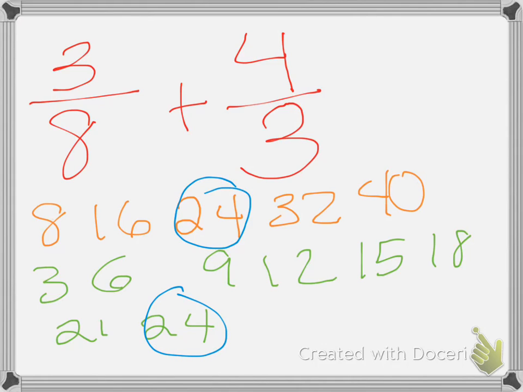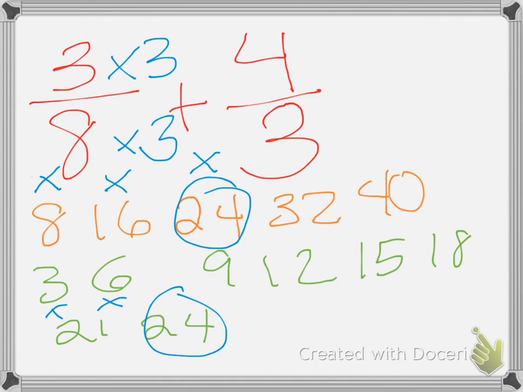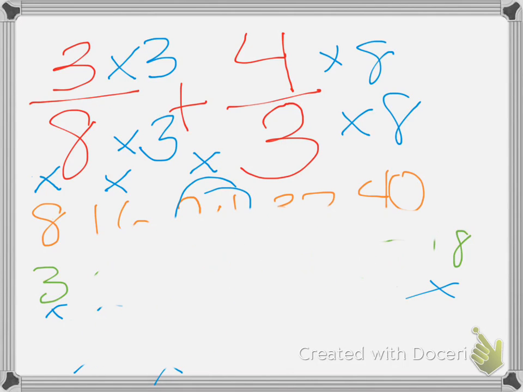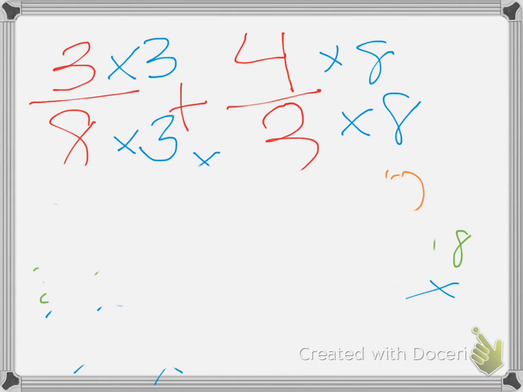If I look at my 8's, I count 1, 2, 3. So I need to multiply 3 by 3 and 8 by 3. For my 3's, 1, 2, 3, 4, 5, 6, 7, 8. Times 8 and 8. Three times 3 is 9.